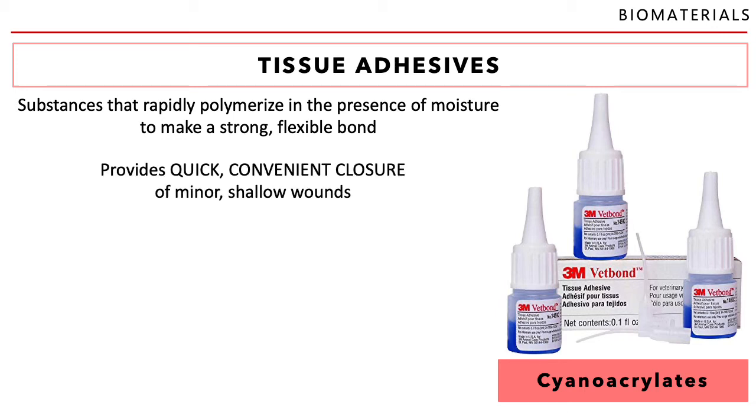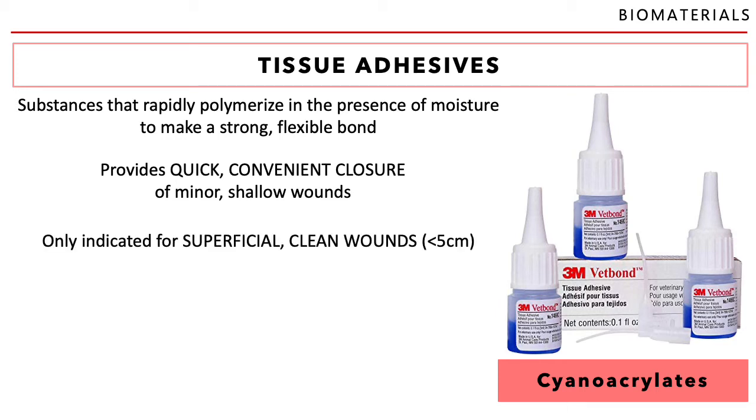This provides quick, convenient closure of minor, shallow wounds. Since it can only adhere so much to itself, it is only indicated for superficial, clean wounds, less than 5 centimeters in length, not in depth.